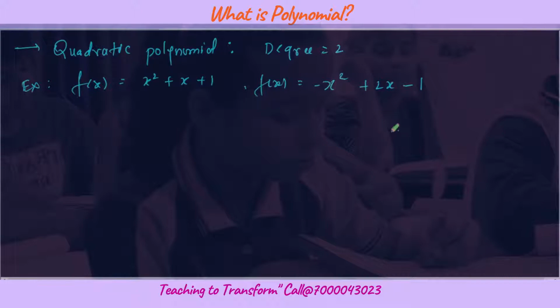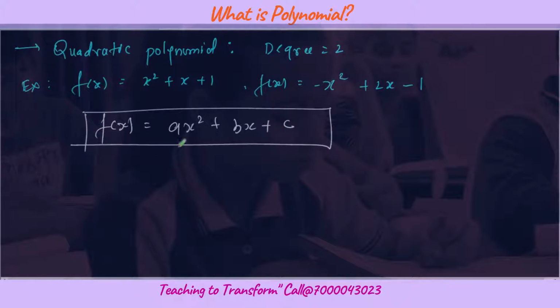And the standard format to write a quadratic polynomial is f of x is equal to ax square plus bx plus c, where a should not be equal to 0. This expression is a general degree 2 polynomial, or you can say this is the standard format of a quadratic polynomial.